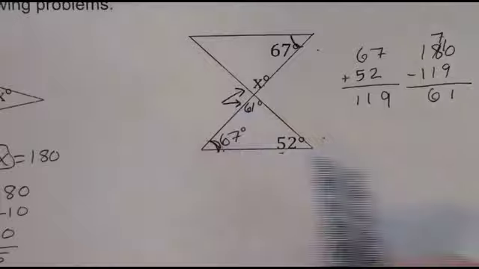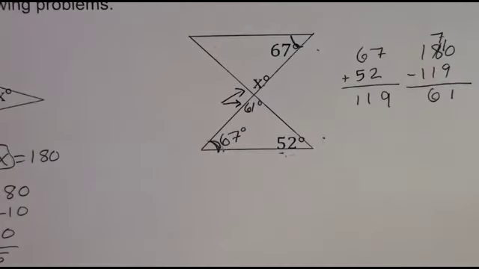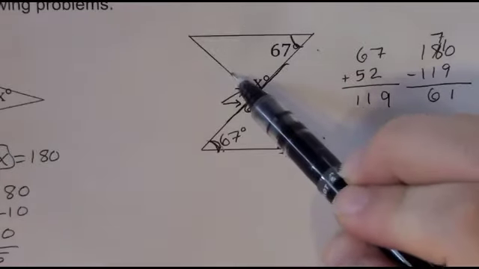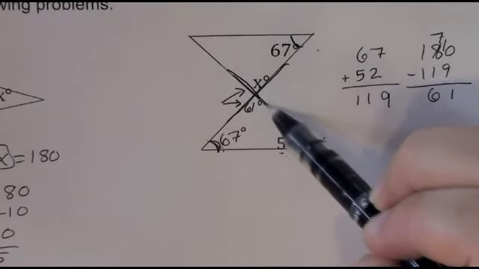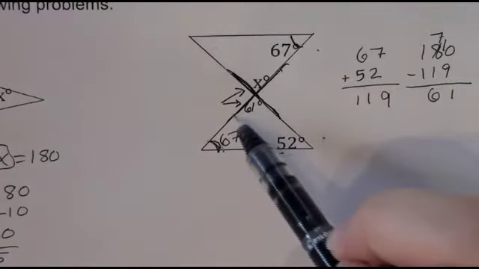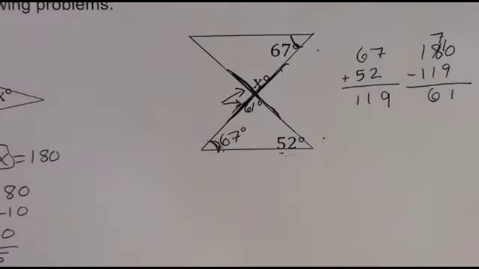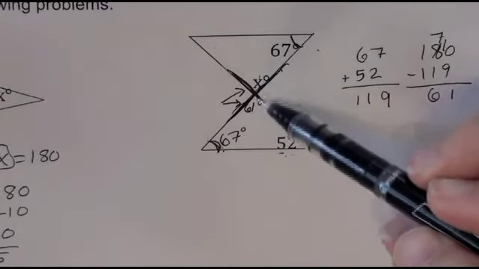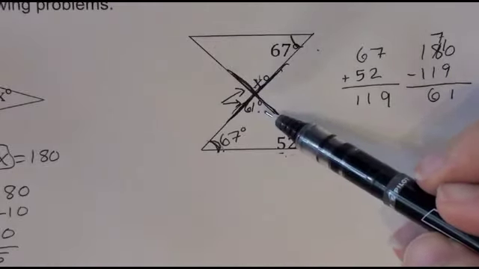X and the 61. Notice in this picture, we have lines that cross right here. These triangles make an X in the middle of the picture. And if you have an X in your picture, you have a very special thing going on here called vertical angles.